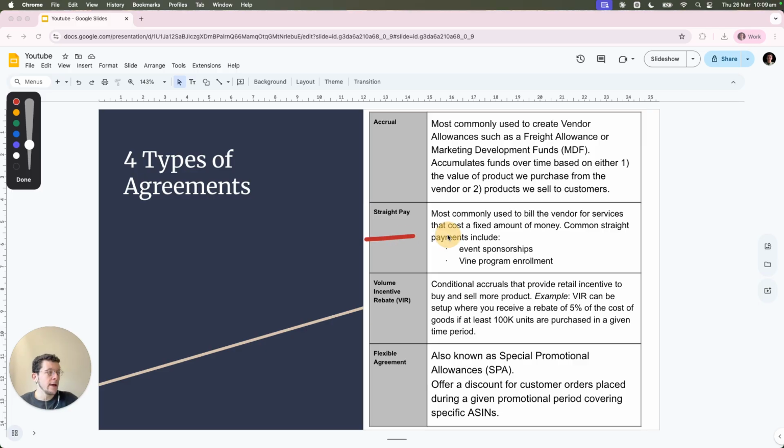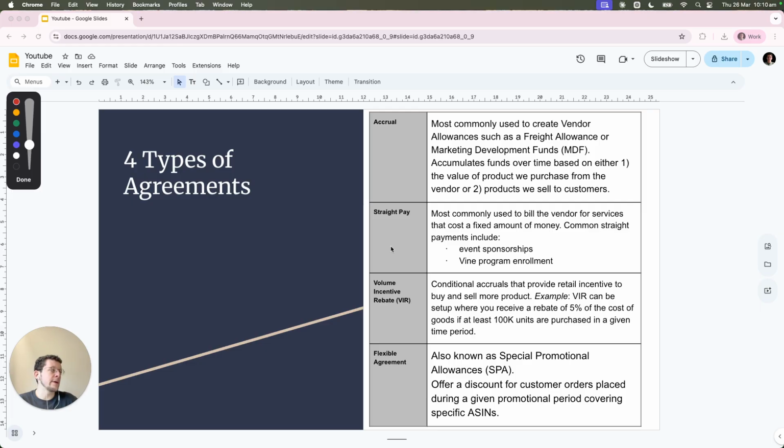Now, typically, Amazon will prefer an accrual agreement because these will scale with the amount they sell, right? Because they bill you on a unit basis. The more products they sell or the more products they buy from you, the more money they collect. Whereas a straight pay agreement, because it's a one-off cost, if it's used for a promotional period, for example, if Amazon oversell, if they sell more than the forecast, then they might incur more costs because the straight pay agreement only covers a certain fixed cost.